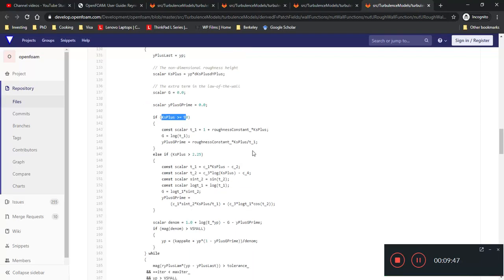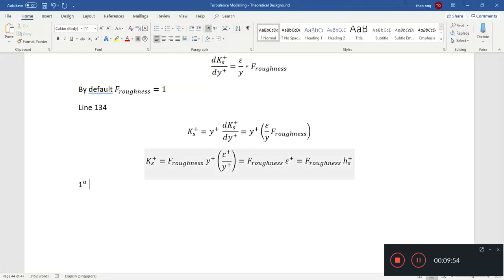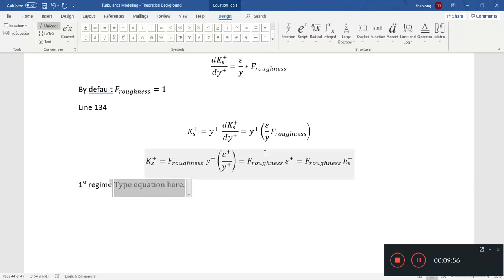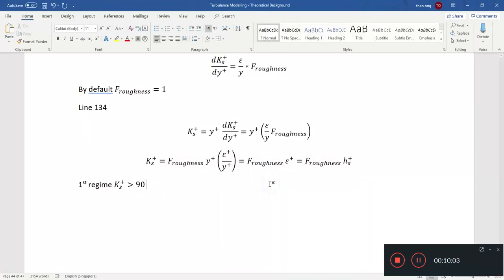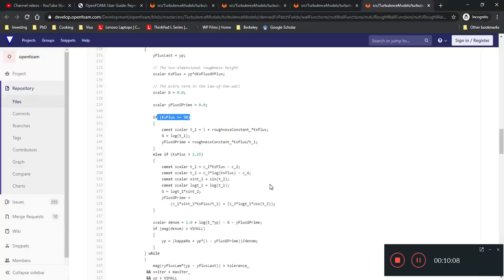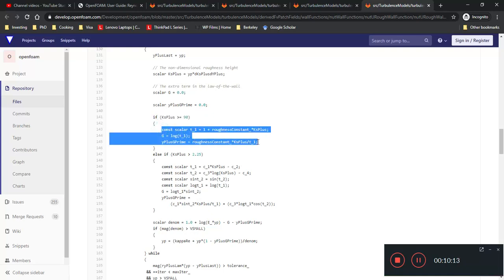Okay, so for ks plus we have a few regimes. One is where ks plus is bigger than 90. So first regime, ks plus more than 90. This is from line 141. So we will have a constant scalar T1 equals to, alright, let's just write this down first.